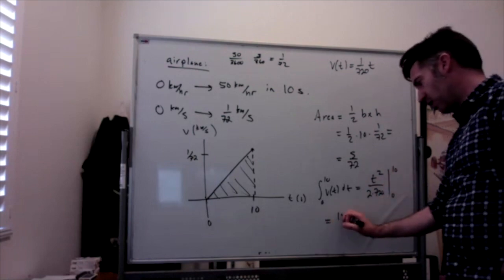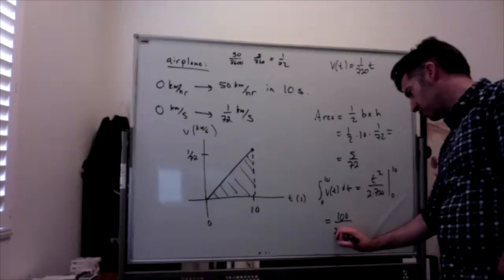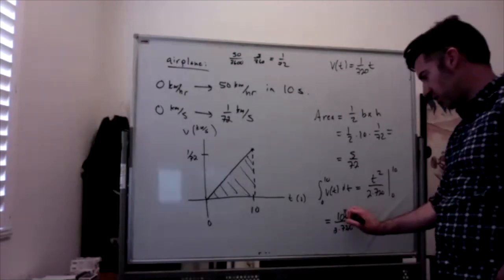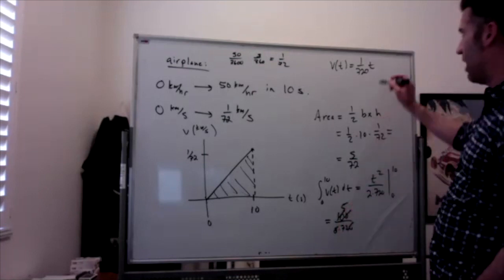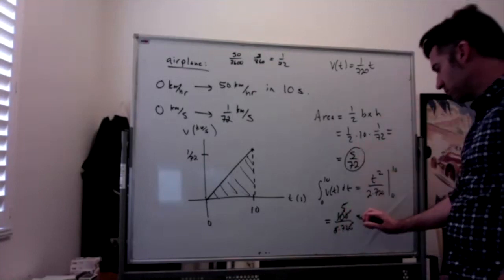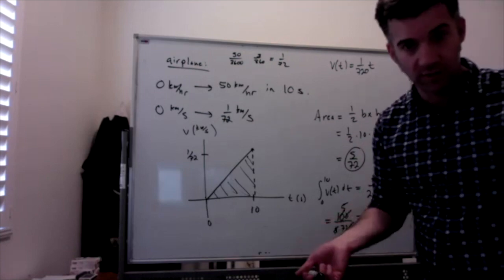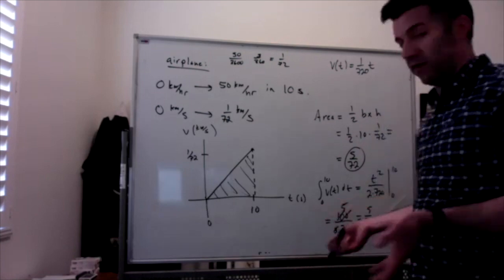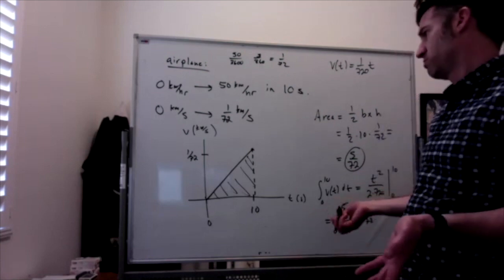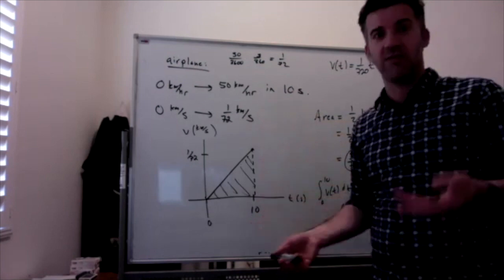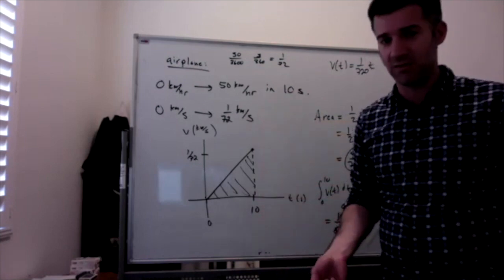Plugging in 10, you get 100 over 2 times 720. Cancel a 0 there and a 0 there; 10 over 2 is 5. Look, you get 5 over 72. Great. So that's how far we traveled: 5 over 72 of a kilometer, since we were going kilometers per second for some seconds.